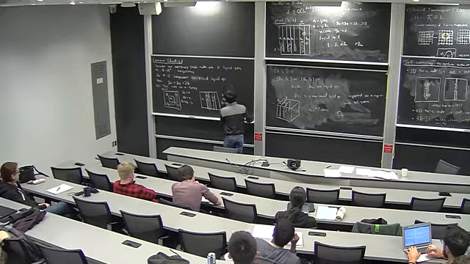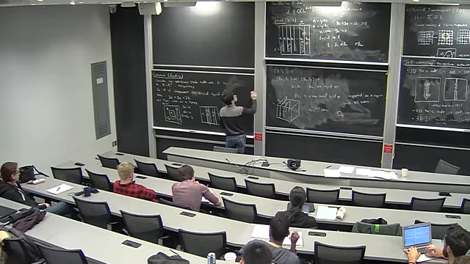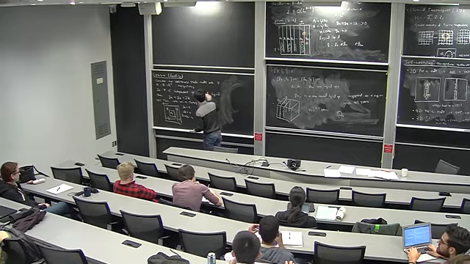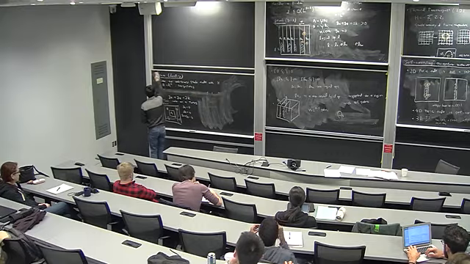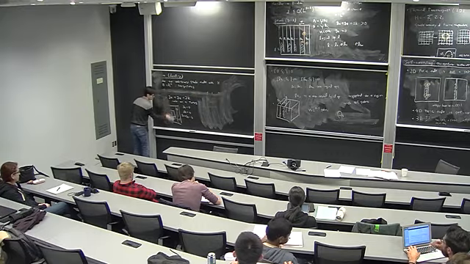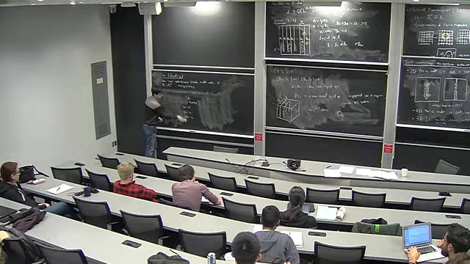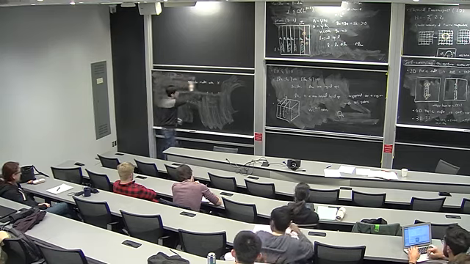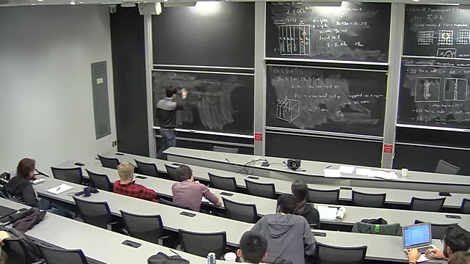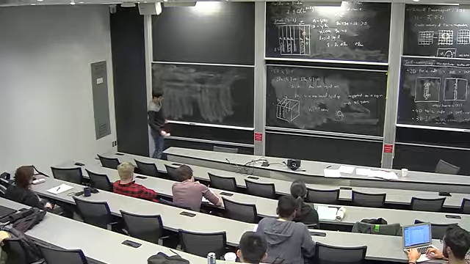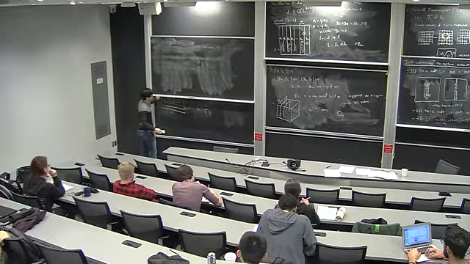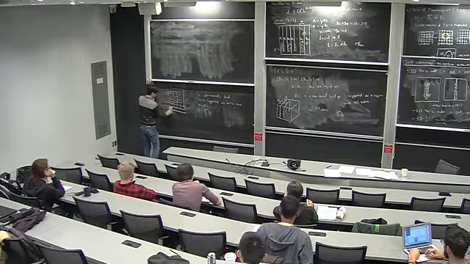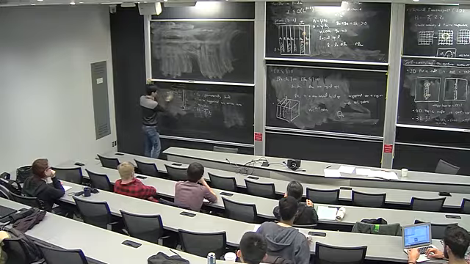Let's move on. We have proved one result, that is an upper bound on the code distance. But when we talk about quantum error correcting codes, there are three important parameters, n, k and d. So this is the bound on d. Next, we want to talk about the bound on k, the number of encodable logical qubits.